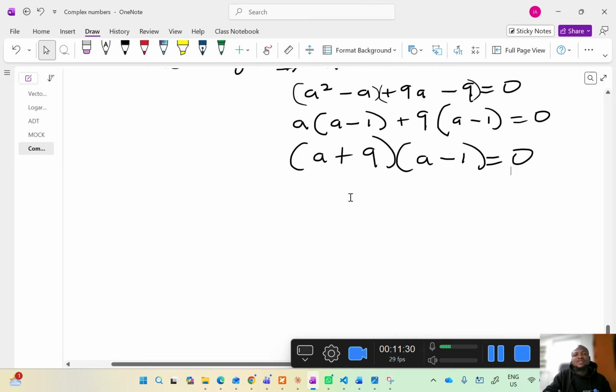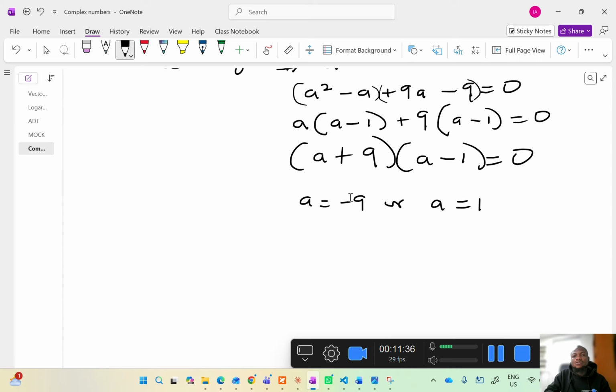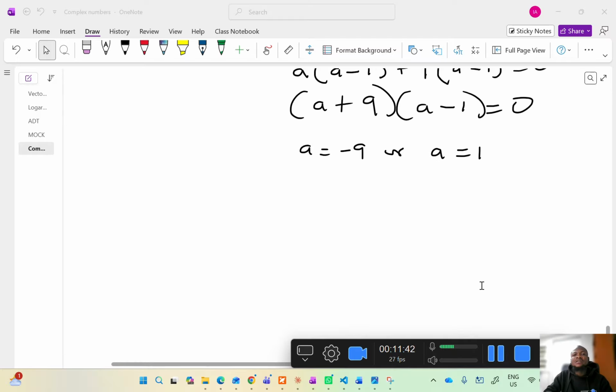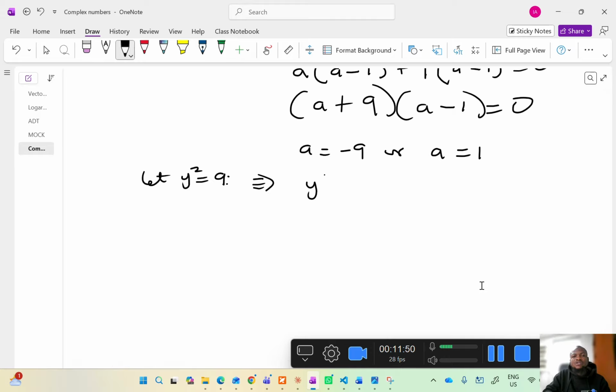So what does this mean? That means the value of a is equal to minus 9, or the value of a is equal to 1. Then you remember that we said earlier that y squared equals a. So this implies that y squared is equal to minus 9, or y squared is equal to 1.